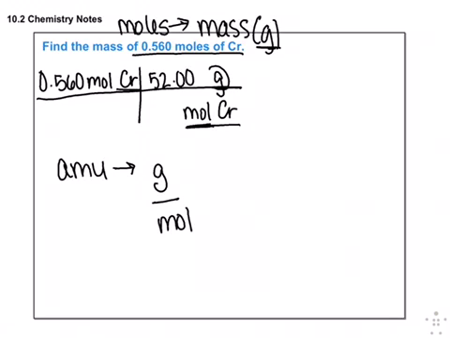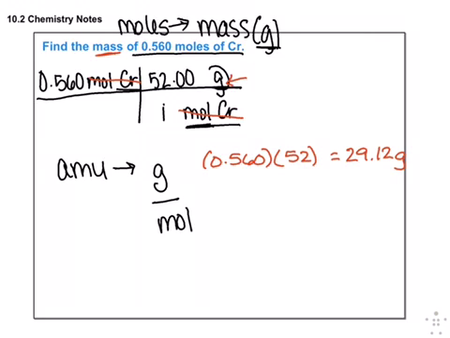And it's 52 grams over the 1 mole. Our units, the moles of chromium, cancel out. We're left in grams, which is what we want because it's asking for the mass. And then you can just run the calculation of 0.560 times 52 divided by the 1, and we should get something along the lines of 29.12 grams of chromium.